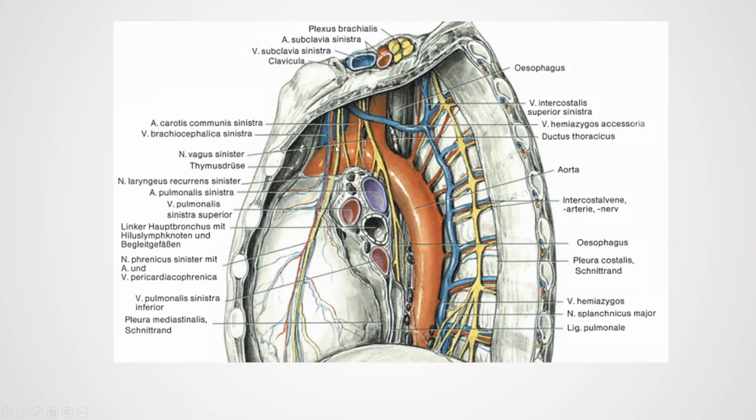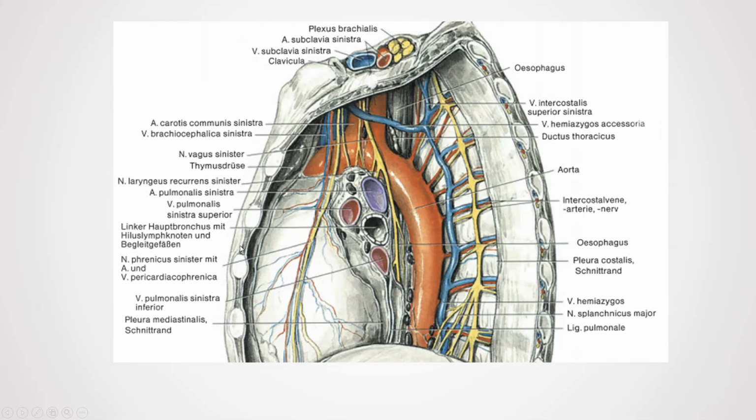Again, this picture from the side view, we have the aorta, to remind you, the esophagus from the back, the vertebra in the back, the vena intercostalis superior sinistra, the veins and arteries intercostales, and the sympathetic trunk.